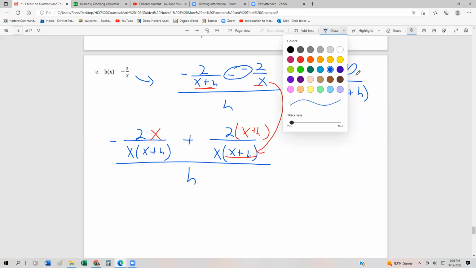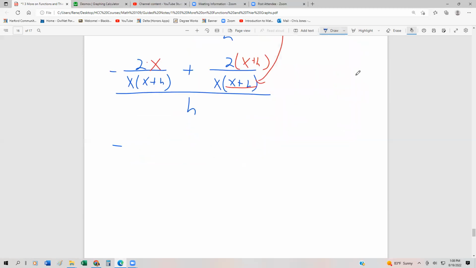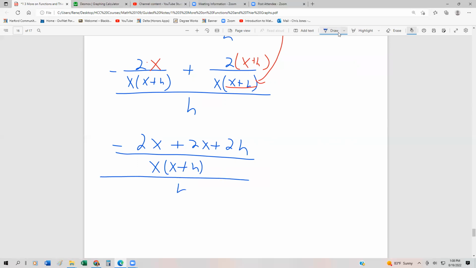If I do that, I get negative 2x plus 2x plus 2h divided by x times x plus h, all over h. Now notice these are common fractions, these two right here, and then I distribute the 2.